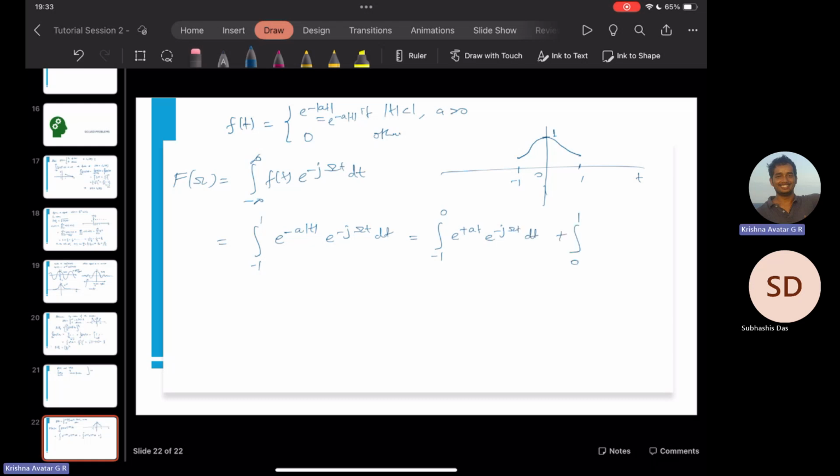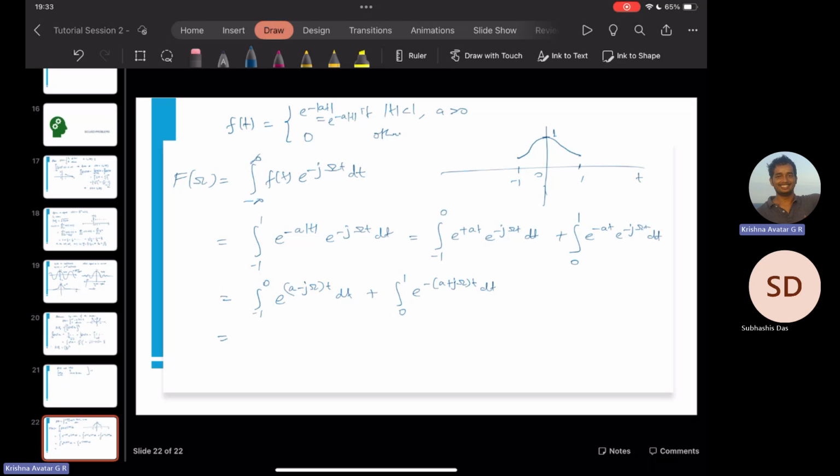Likewise, for 0 to 1, since t is greater than 0, the magnitude of t is the same, so you have minus a t minus j omega t dt. Rearranging, the integral from -1 to 0 of e to the power a minus j omega t dt, plus the integral from 0 to 1 of e to the power minus a plus j omega t dt.